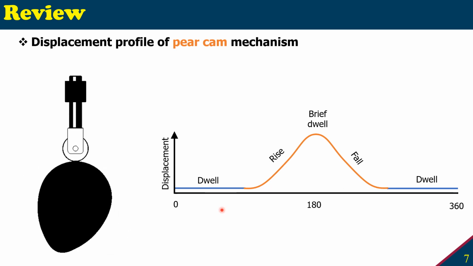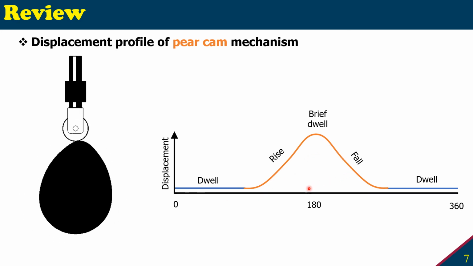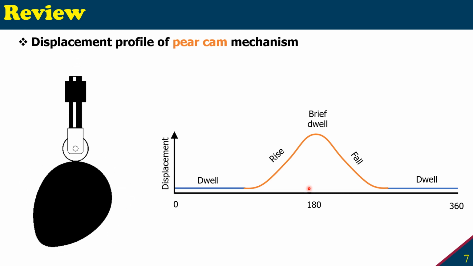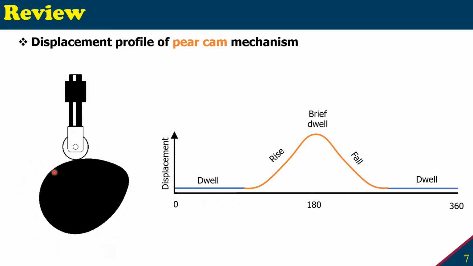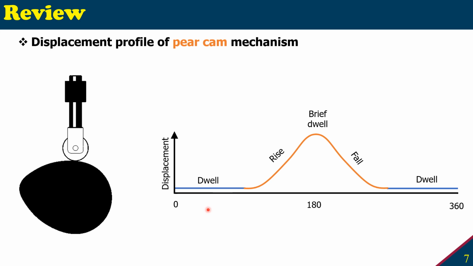So the pear cam produces this sinusoidal rise and return, and we can use a roller, knife edge, or flat head follower with this one. We can also apply either direction of rotation for the pear cam, and it will create the same displacement profile.